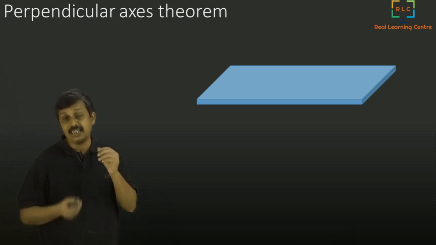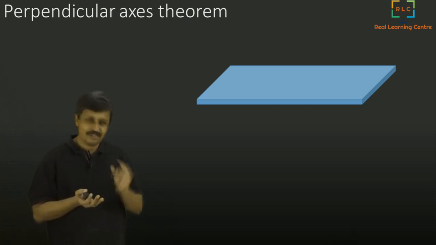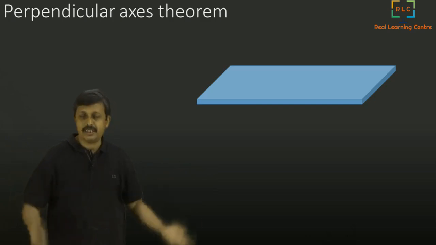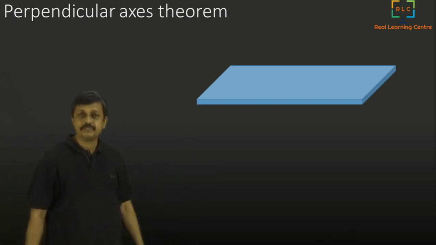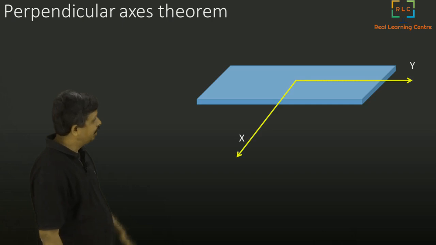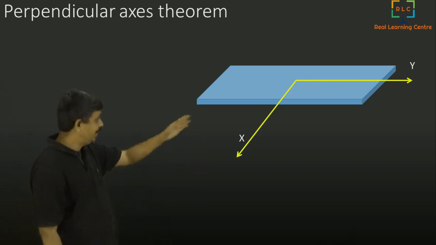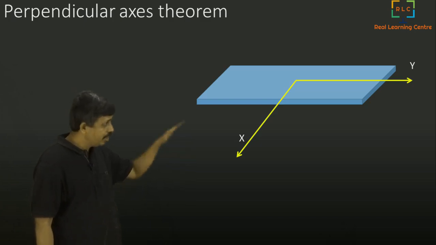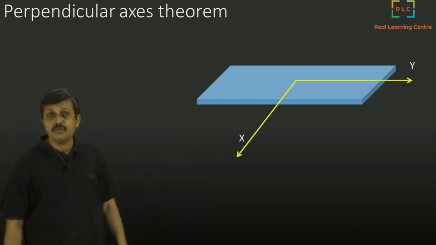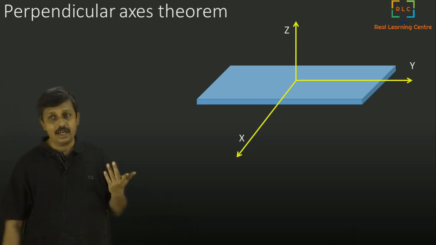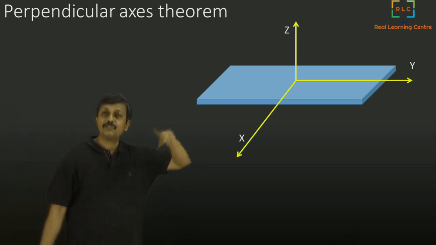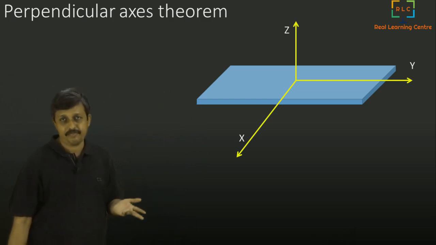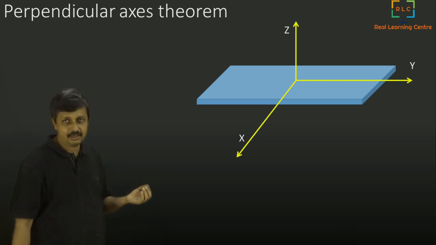It has to be a planar object, that means an object with a very small thickness, in a single plane. On the plane you can have x and y axes, perpendicular to each other, and you can also have another axis, the z axis, which is perpendicular to the plane. So there are three axes here.